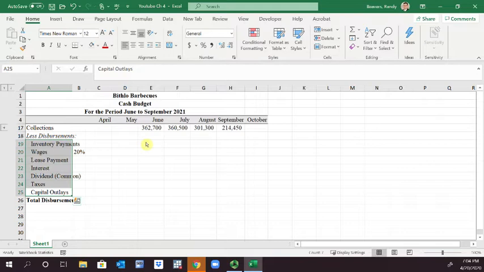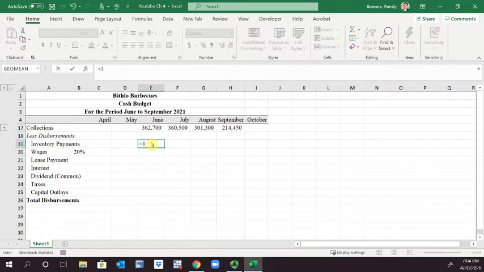All right. So, first off, we're going to have inventory payments. This was equal to E15 from above, what we did earlier.